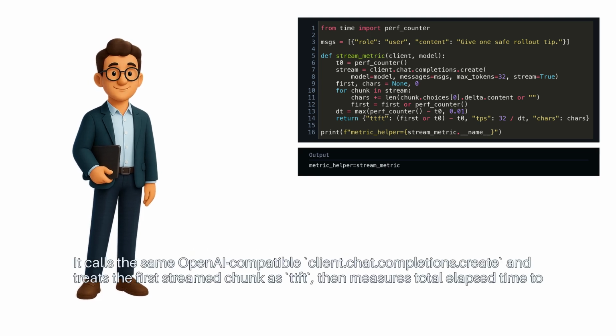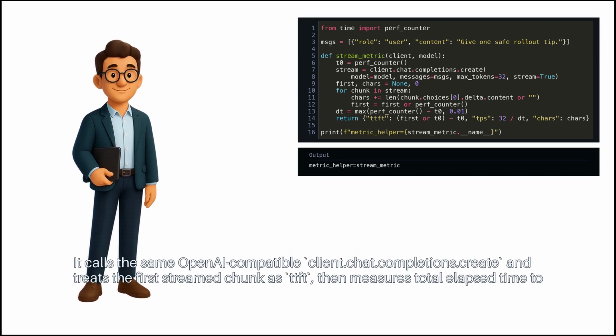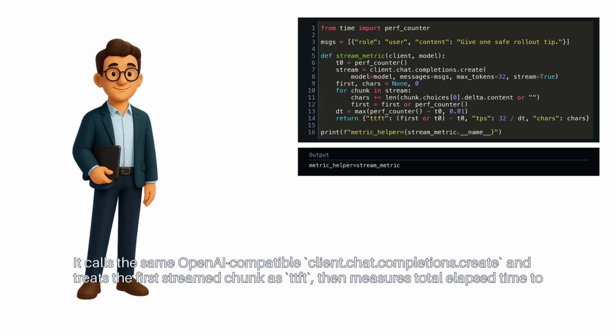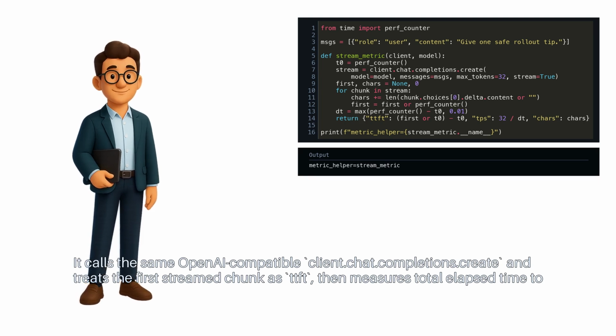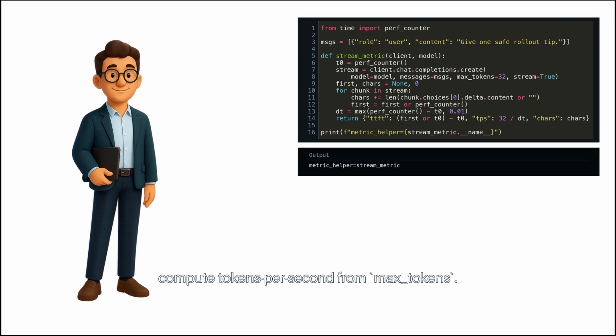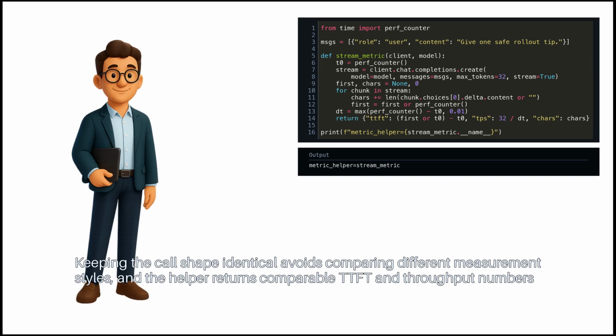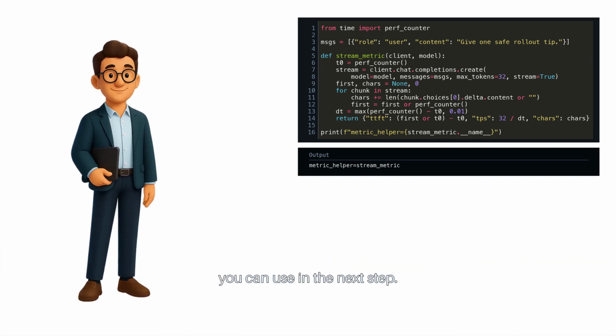It calls the same OpenAI-compatible client.chat.completions.create and treats the first stream chunk as TTFT, then measures total elapsed time to compute tokens per second from max tokens. Keeping the call shape identical avoids comparing different measurement styles, and the helper returns comparable TTFT and throughput numbers you can use in the next step.